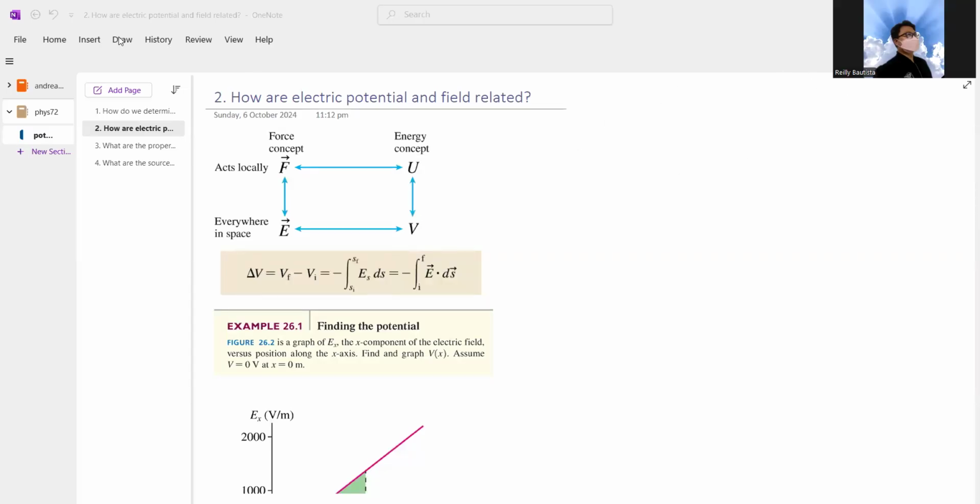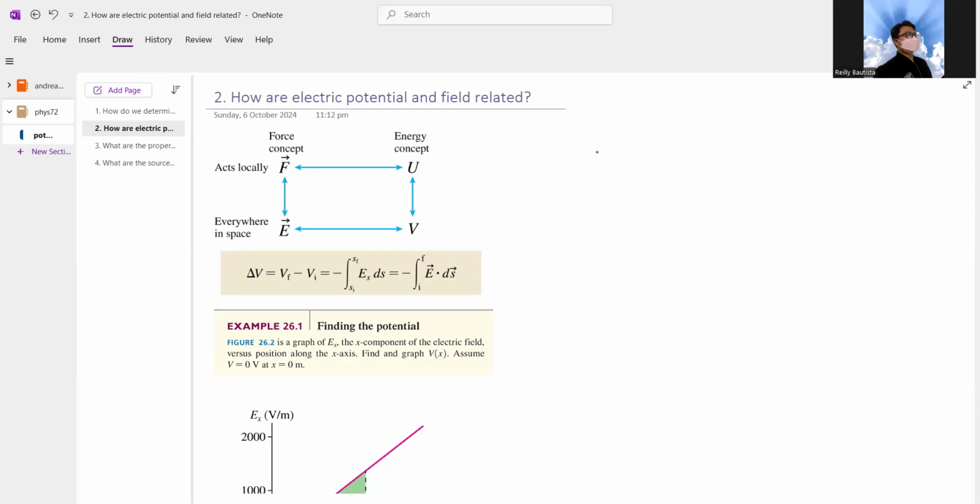Okay, so we're now done with getting both the discrete and continuous charge, the potential of continuous charge distributions. Let us now relate the potential with the electric field. Very important, because you see the difference between the formula for the potential and the formula for the field, the integral forms.